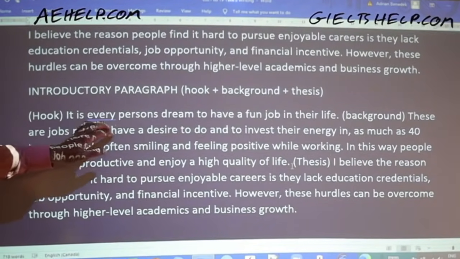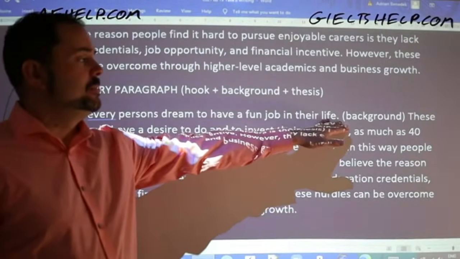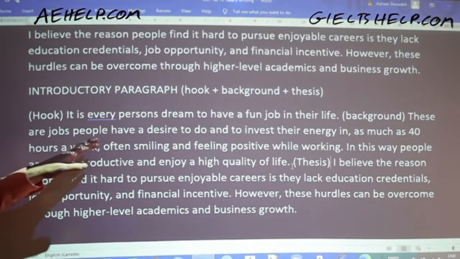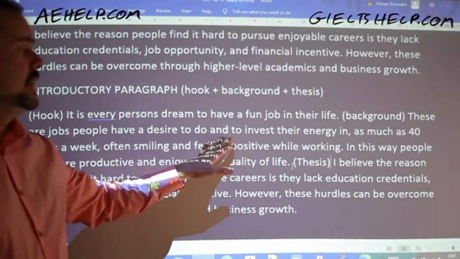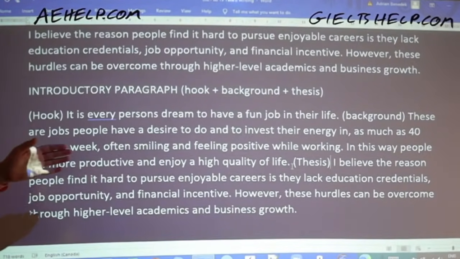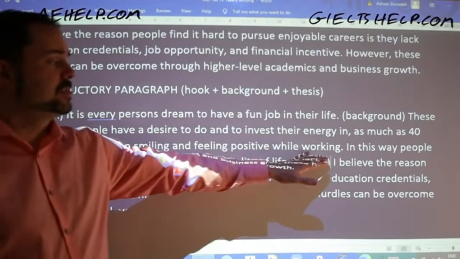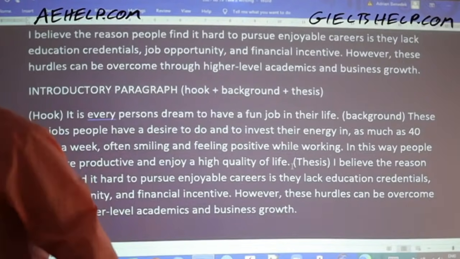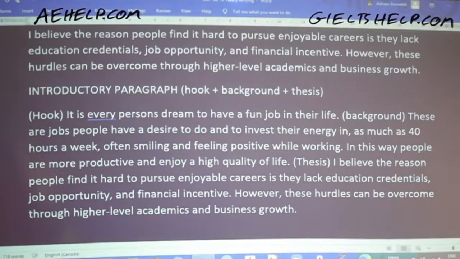It is every person's dream to have a fun job in their life. These are jobs people have a desire to do and to invest their energy in as much as 40 hours a week, often smiling and feeling positive while working. In this way, people are more productive and enjoy a high quality of life.